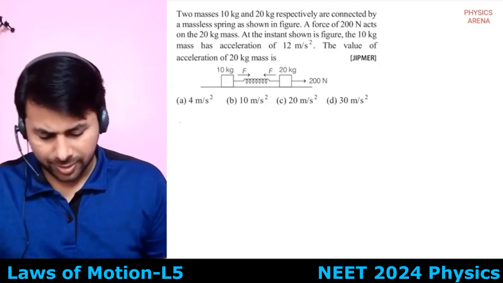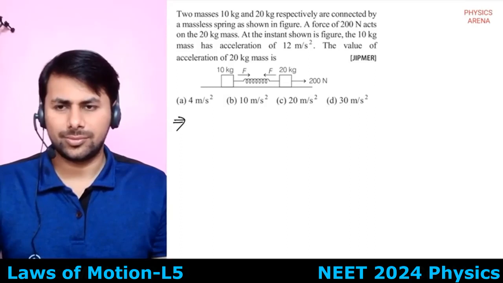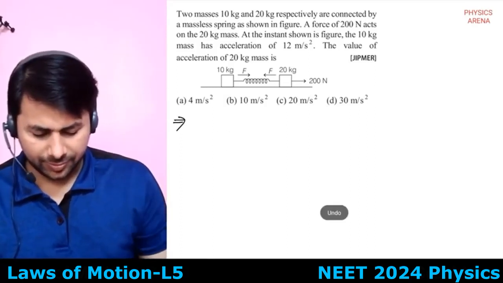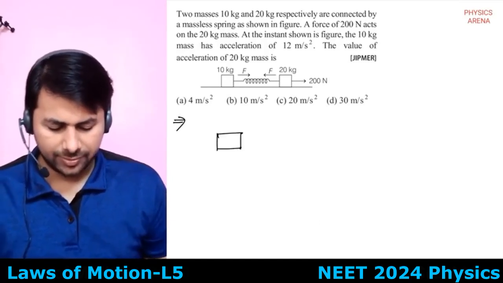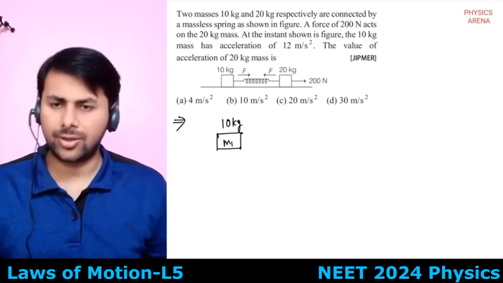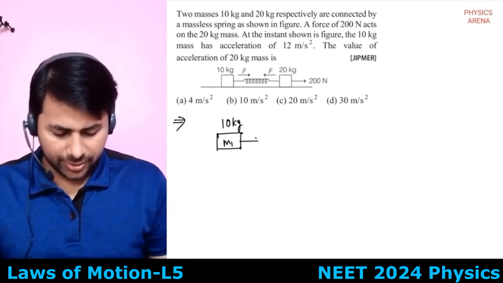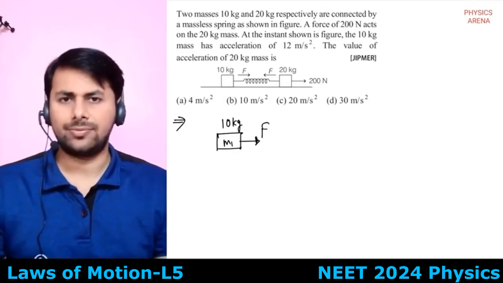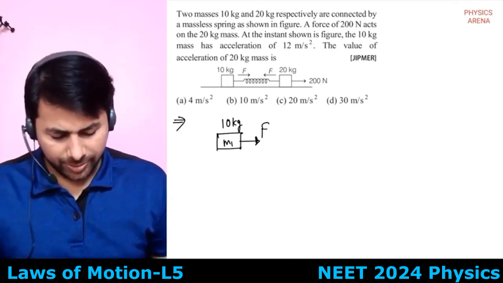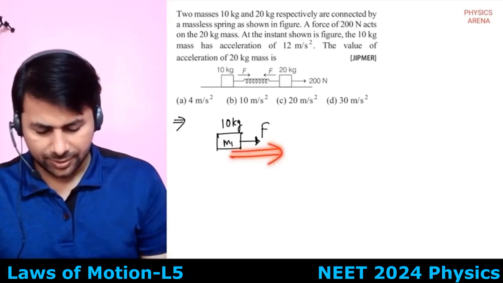So tell me, what should we do? For the 10 kg mass, what are the forces acting on it? There is only the spring connected, so the force in the spring, the spring force, and it gets accelerated in this direction.